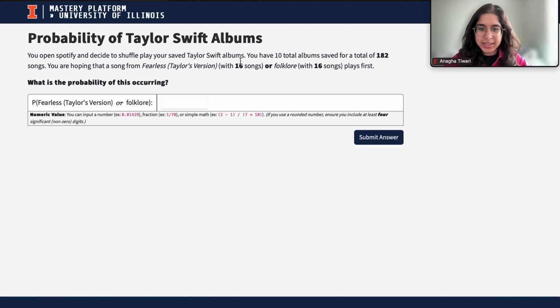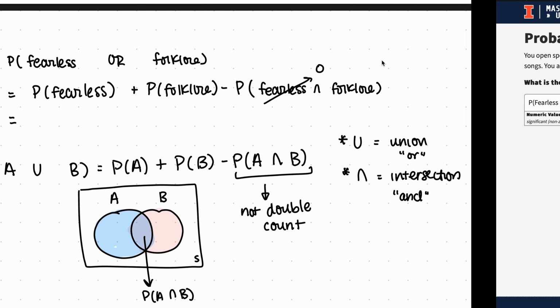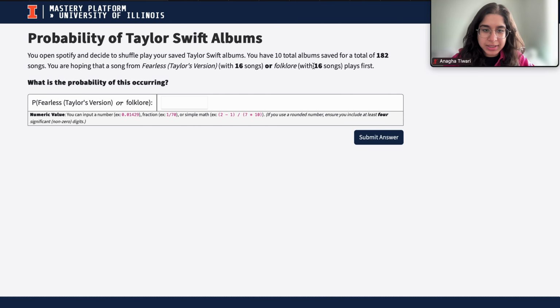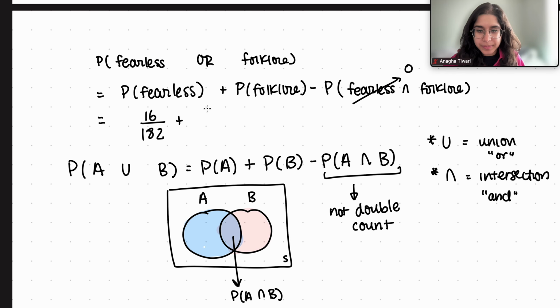Which is specified here, right? Fearless contains 16 songs, Folklore also contains 16 songs, and there's a total of 182 songs. So the probability of choosing a song from the album Fearless is 16 out of 182 songs. The probability of choosing a song from Folklore, again, is 16 out of 182 songs, right?